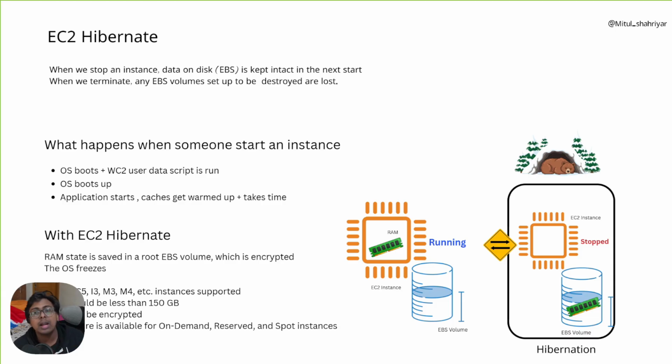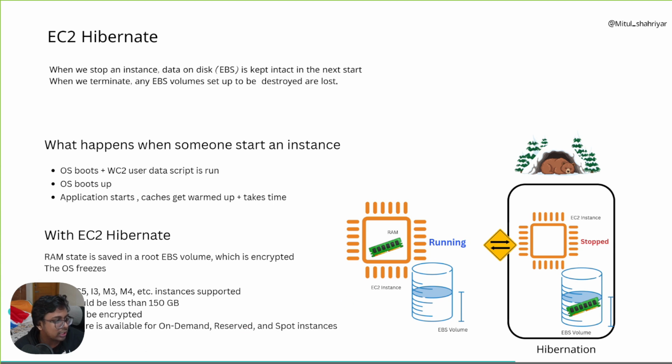So here in EC2 Hibernate, if you just look at the image, this is an EC2 instance. It has some RAM there, and it is running. And assume we have an EBS volume here, obviously. If we go for hibernation, the RAM is thrown to the EBS volume.